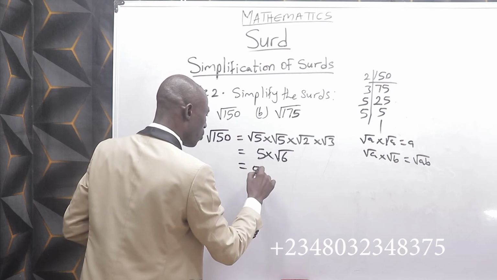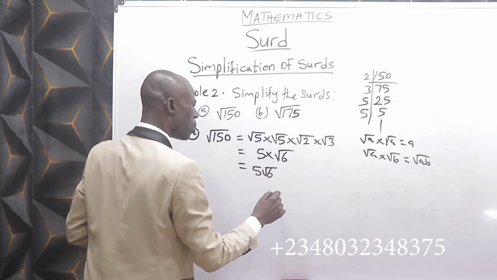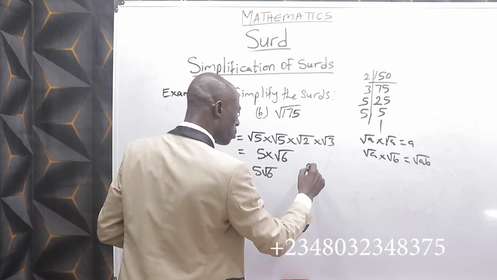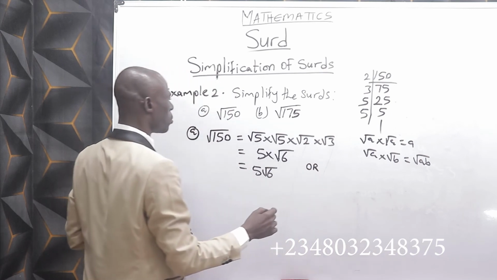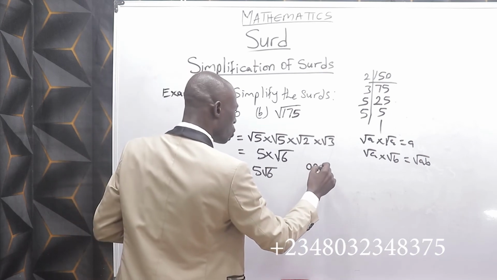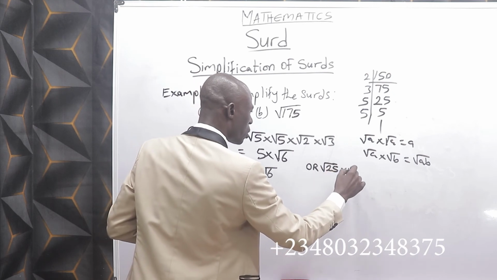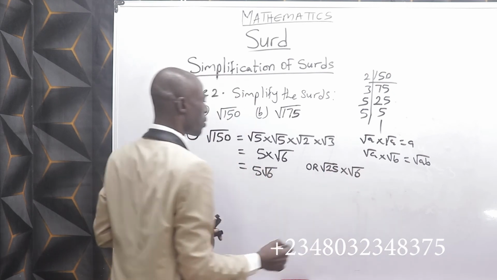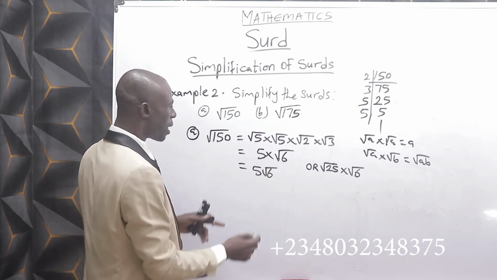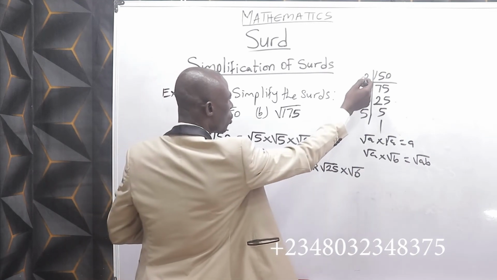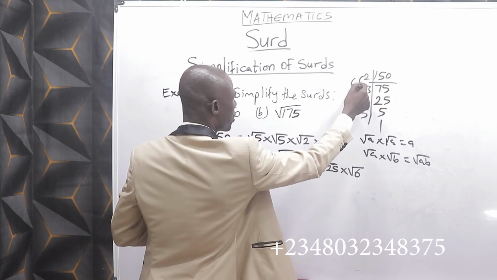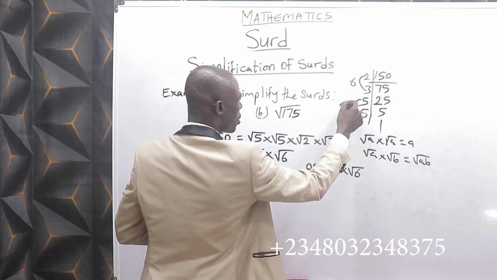Answer is 5 root 6. Or root 25 times root 6, if you break this into 2 times 3 is 6, 5 times 5, 25.